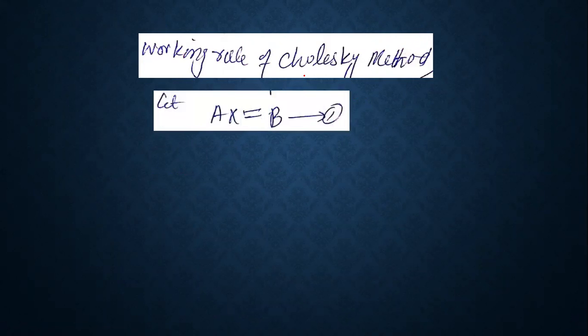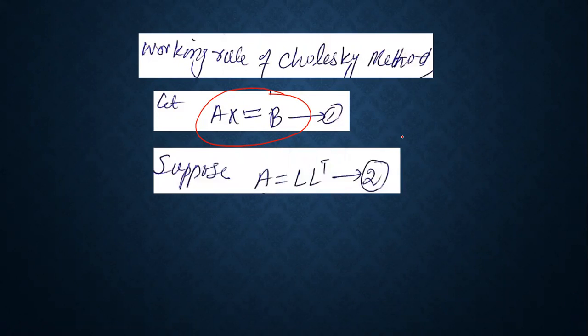Okay, let AX is equal to B. We will have a matrix system of the form AX is equal to B. Now, suppose A is equal to L L transpose.